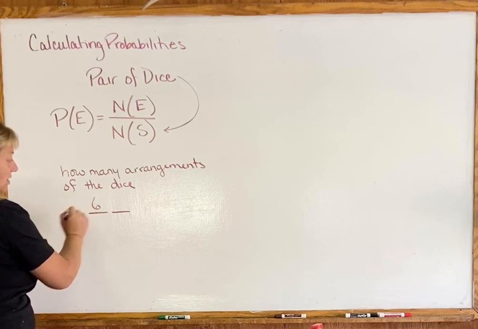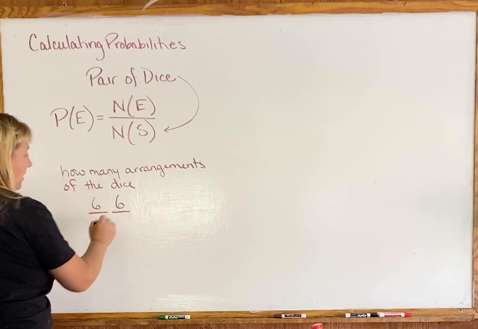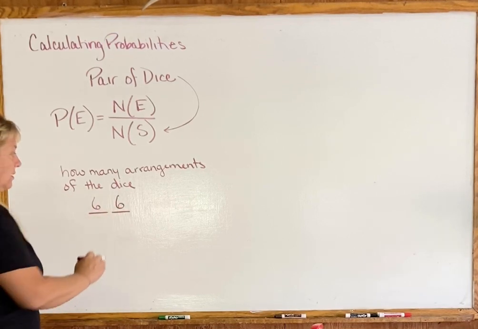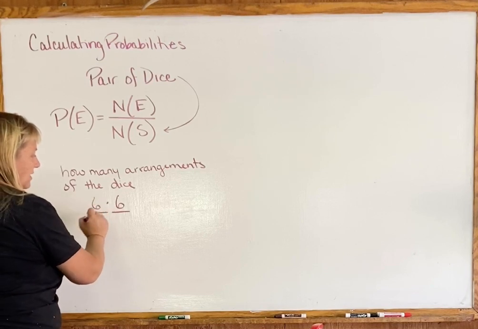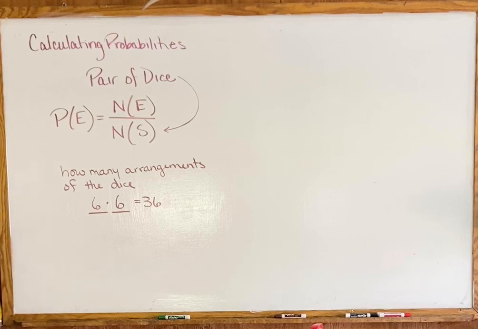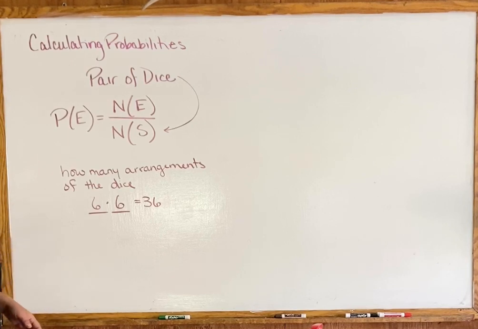On the first slot, there are 6 options for the first die, and on the second die, there are also 6 options. Now remember what we're supposed to do with those two numbers? The fundamental counting principle says multiply them together. So there are 36 different options in total. When you roll a pair of dice, there are 36 different arrangements that could come out.